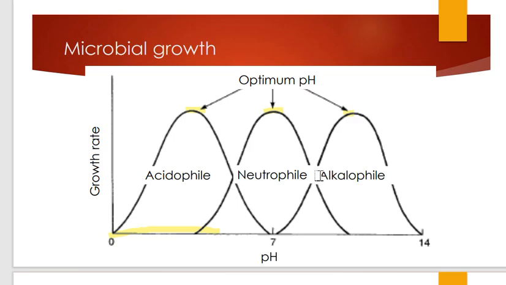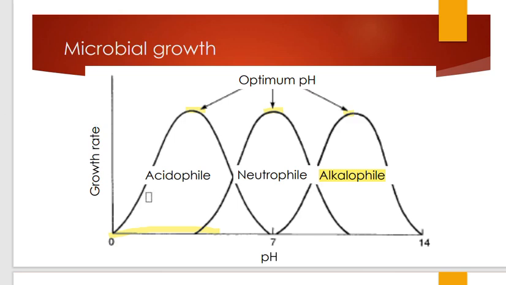Then we also have your alkalophiles. These microorganisms grow best at pH above 9. So 9, 10, 11, 12, 13, 14, those pH ranges, you can observe that your alkalophiles will grow best at. So again, pH is another important factor which affects the growth rate of your microorganisms.